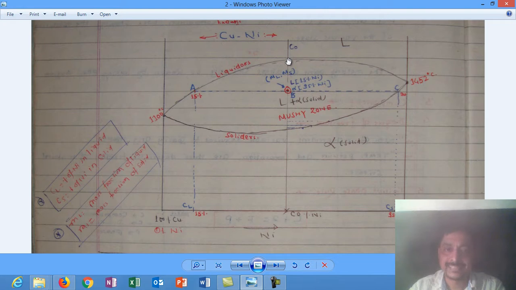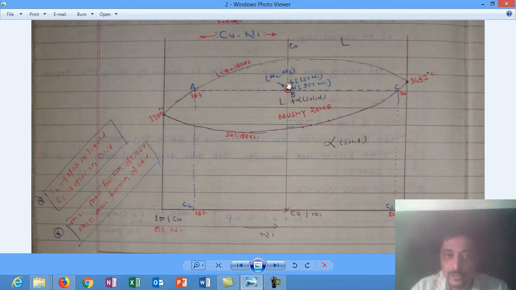As the temperature decreases, what will happen? The percentage of solid will be increasing. That means the mass fraction of solid will be increasing. As temperature decreases, the percentage of solid increases, so the mass fraction of solid will also be increasing.